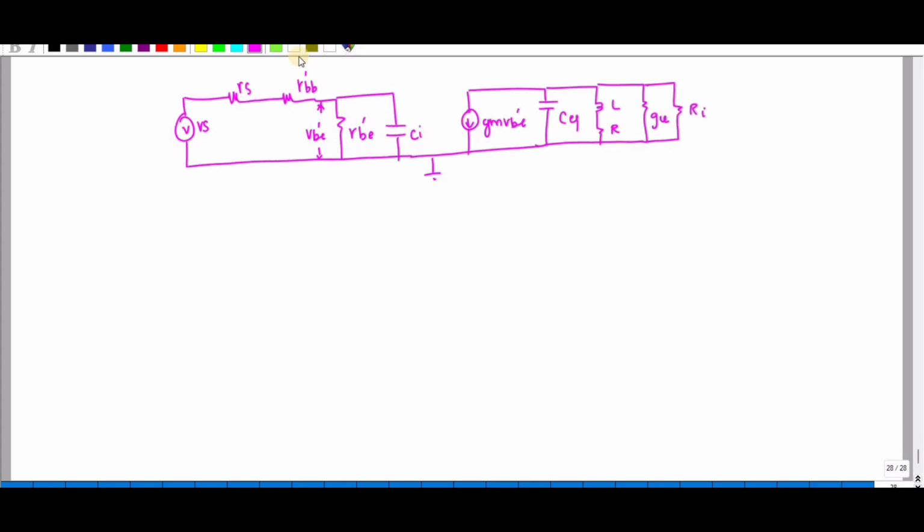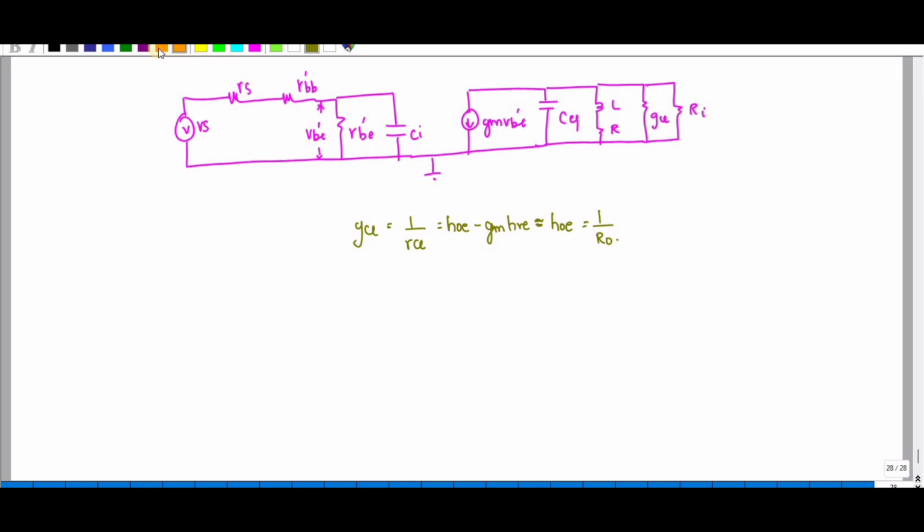See this GCE, I can write it as 1 divided by RC, right? That is equal to hoe minus GM into hre. So this I can approximate to hoe, which is nothing but 1 divided by R0.